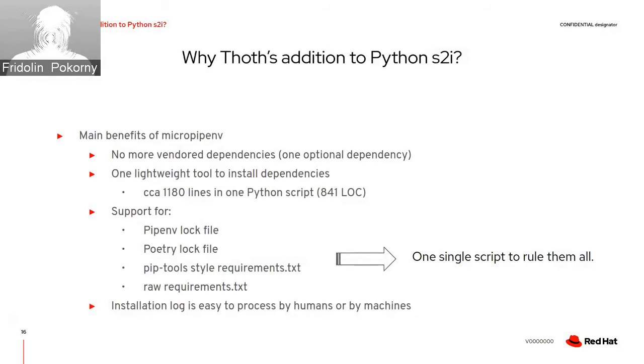So micropipenv gave it also some structure, and logs are now easy to process by people, but also easy to parse using machines, which enabled us to build breaker analysis in Project Thoth.